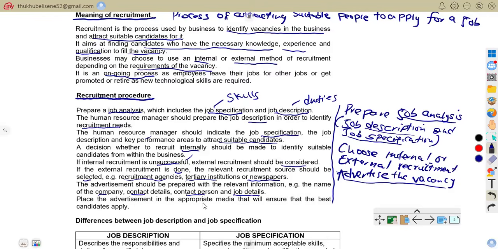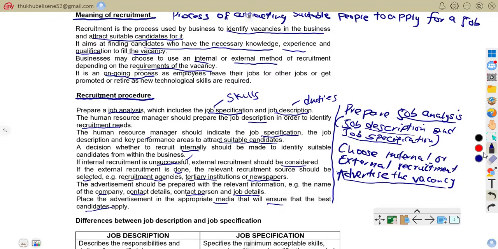Place the advertisement in the appropriate media that will ensure that the best candidates apply. These are the recruitment procedures. I hope we are together on that.